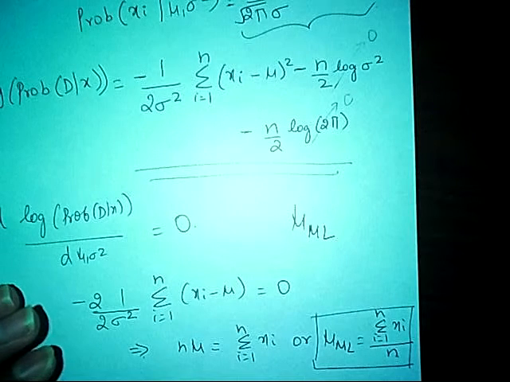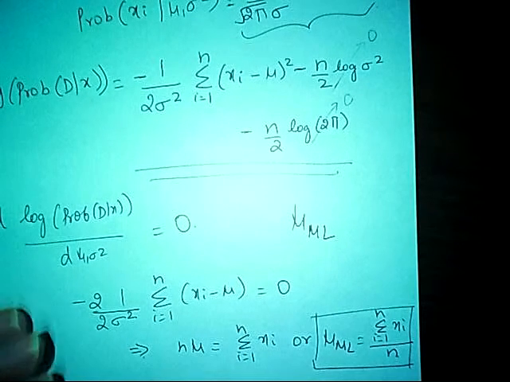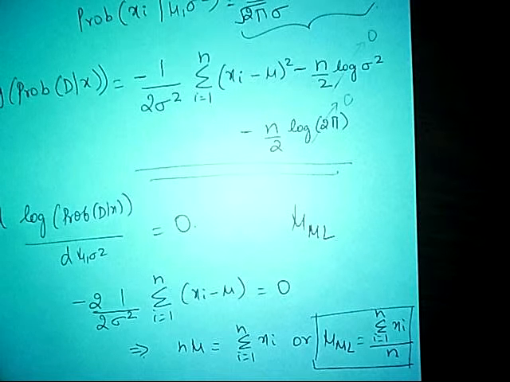Again, this seems intuitively very correct. So if I want to find out the mean of a distribution from which I have sampled a lot of samples, then I just take all the samples that I have and calculate the mean of those samples. What about the variance?